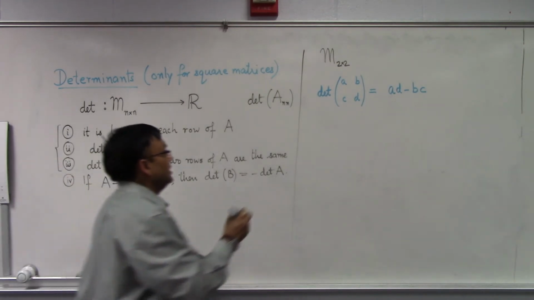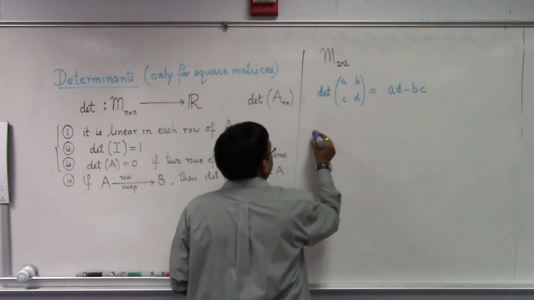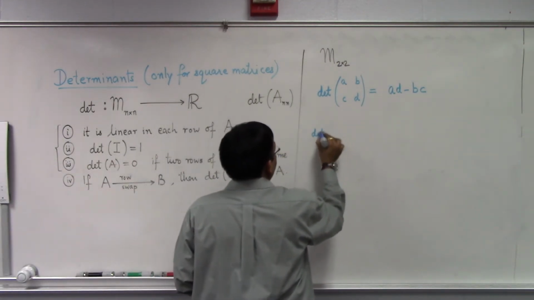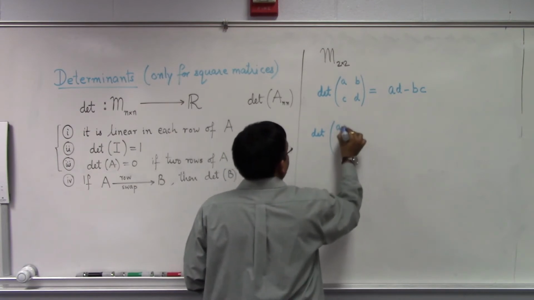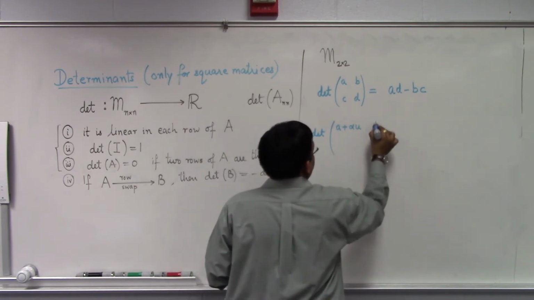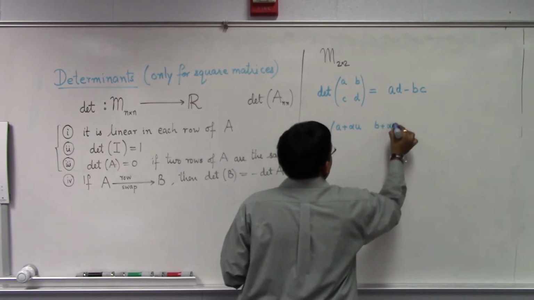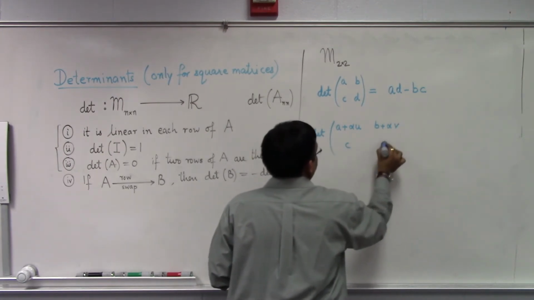Let's see. Is this function going to be linear? So let's try. What would be the determinant of A plus alpha U, B plus alpha V, C, D?